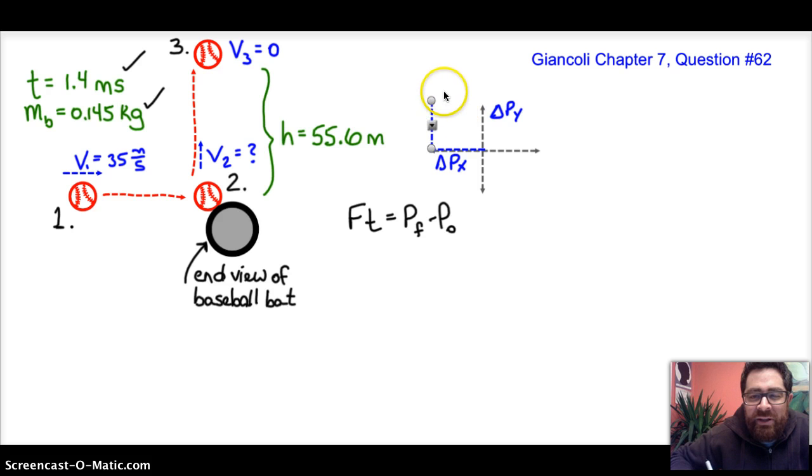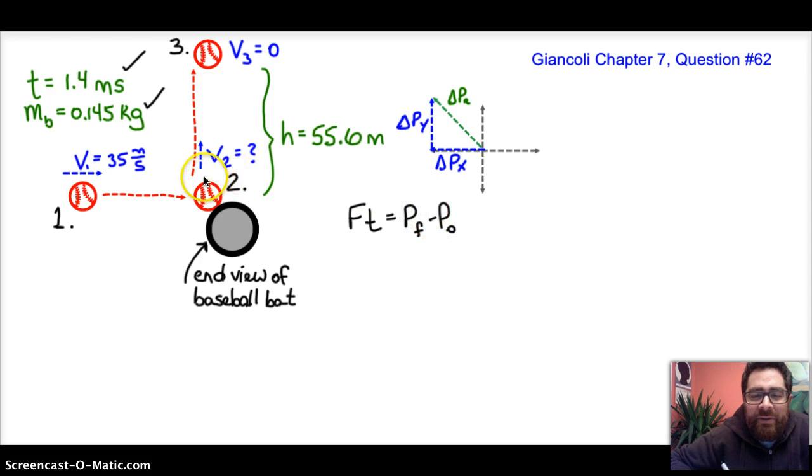Now I'm moving the y momentum component so that it's arranged at the tail of the x component, and then I can see that the resultant, or the net change in momentum here, can be described by that ray connecting the beginning of the first momentum vector, in this case the x component, and the end of the second one. So let me label that delta p, and I'm just going to call that maybe the resultant, or perhaps the sum of the x and the y pieces. Whatever I want to call it is completely fine. So I'm going to leave this sketch here so that I can reference it later on in the problem.